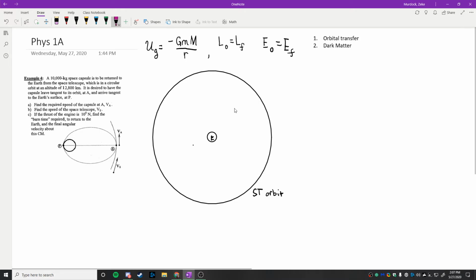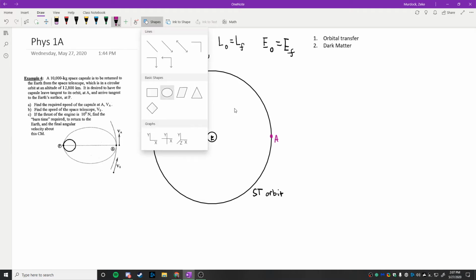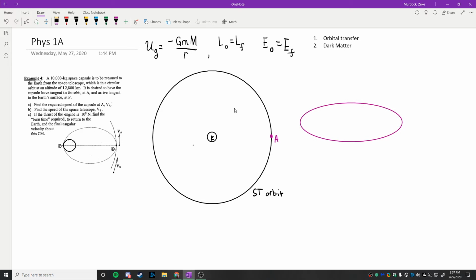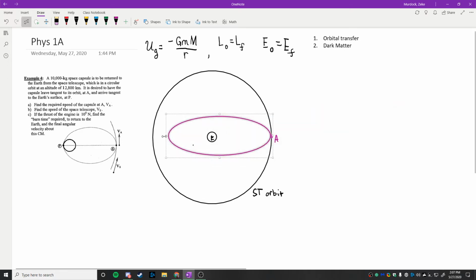So we've got our satellite right here at point A, and we basically want to do something with our satellite so that we can get it from here to go onto an elliptical orbit, something like that. We want it to go on an elliptical orbit like this, basically.